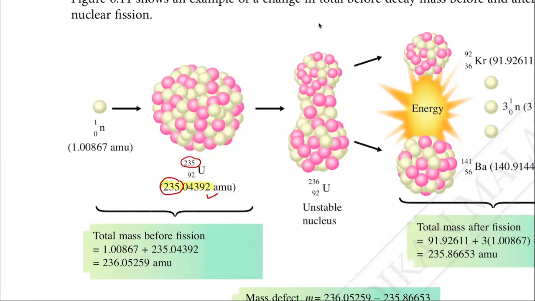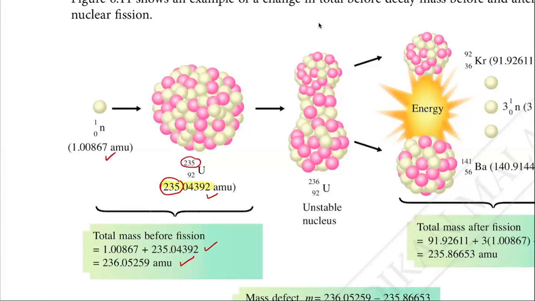Okay, so here you use 1 neutron to bombard the nucleus of the uranium. And the neutron is 1.00867 AMU. So when you total up both of these before the reaction happens, the total mass before fission, you add both of the numbers together.